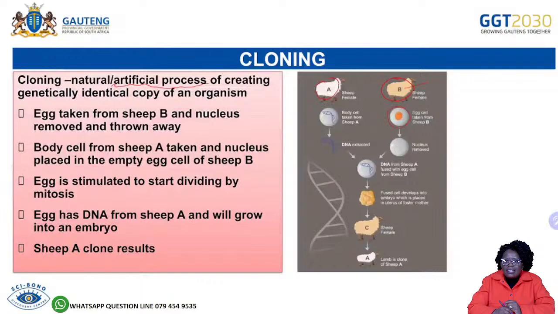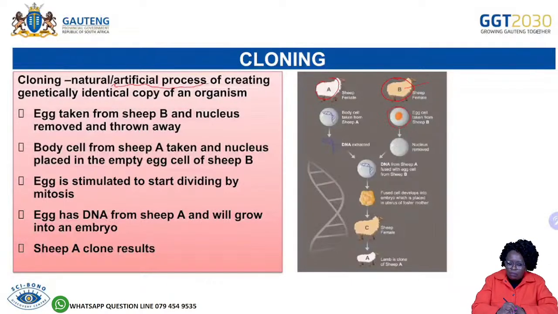And the egg cell is a gamete, we know. It's a female gamete. And if we speak about the number of chromosomes in an egg cell, is it haploid or diploid? It is haploid. So the egg cell will have half the number of chromosomes. I want you to remember this as I take you through the process of cloning.